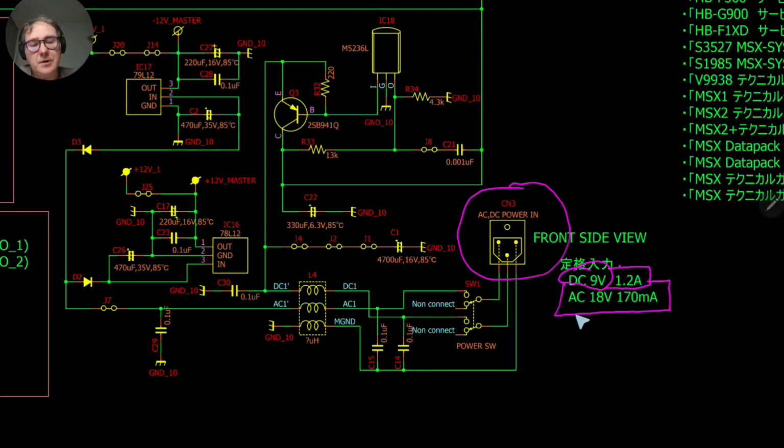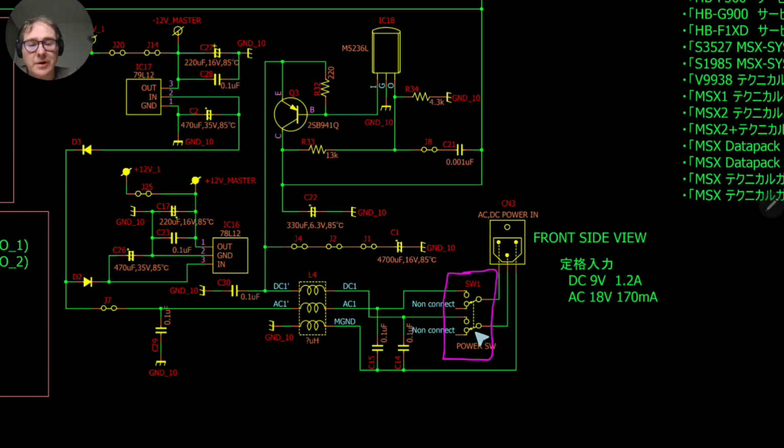The other pin generates AC current, much higher voltage, but not that much current. And right after the connector, we have the switch, so you can allow the current to go through or not, you turn on or off the computer.